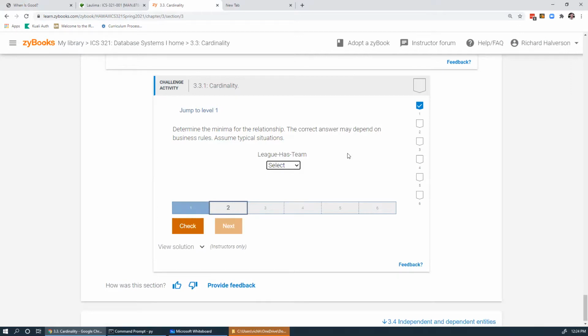League has team. Determine the minimum. A league has to have at least 2 teams, I guess. A team has to have a league, and a league has to have a team.